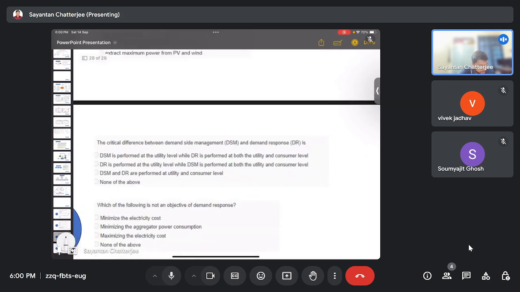The critical difference between demand side management and demand response is: DSM is performed at the utility level while DR is performed at both utility and consumer level; or DR at utility level and DSM at both; or both at utility and consumer level; or none.